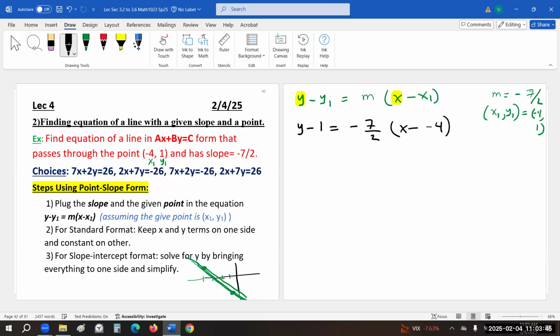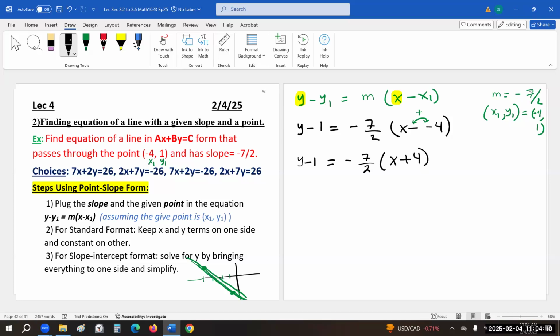Perfect. Just because your 4 has a negative, it doesn't mean you're going to write only x minus 4. It's x minus and then negative 4. So what happens to the double negative? It turns into positive. So we have y minus 1 equals negative 7/2 times x plus 4.